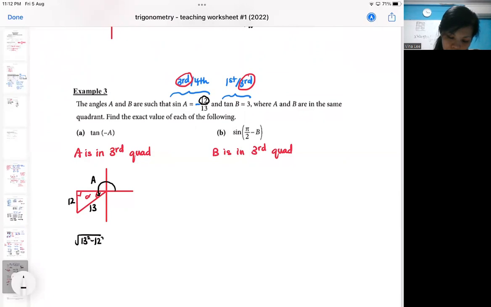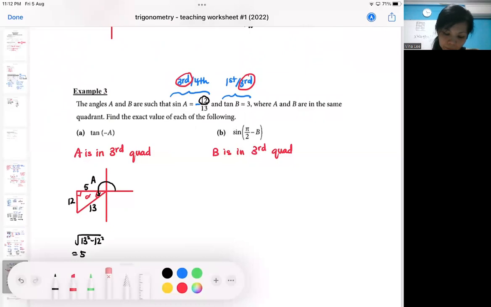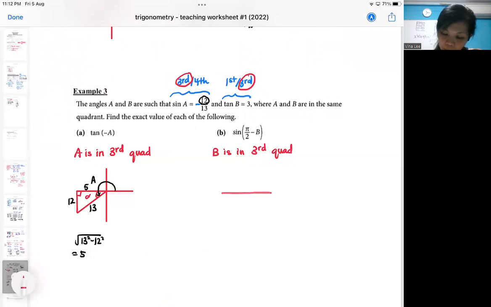You can either show a little bit of working or do it mentally. So this part is a 5. Do the same thing for B. They are in the same quadrant, but they are different angles. So draw it separately for them.